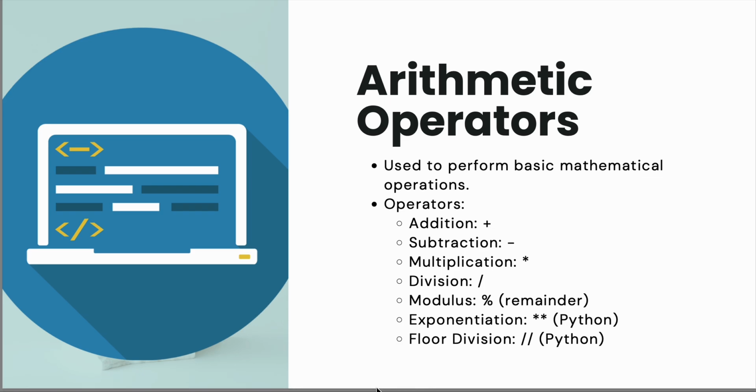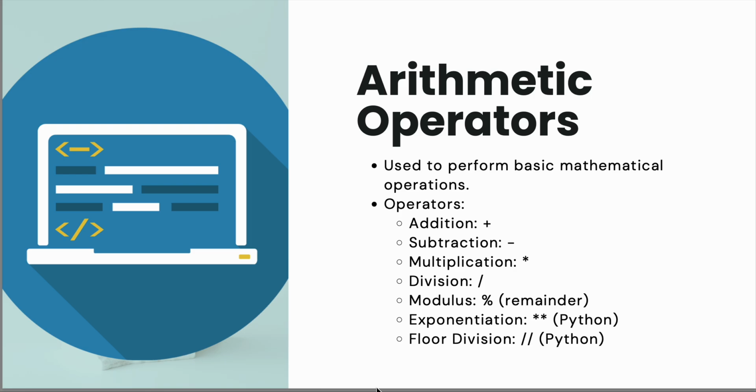What are those? The mathematics that we have been doing since our young age are all arithmetic operators. They are specially used to perform basic mathematical operations, and they are addition, subtraction, multiplication, division, modulus, exponential, and floor division. Addition is used to find the sum of values, subtraction to find the difference, multiplication to find a multiple, division to find the remainder and quotient.